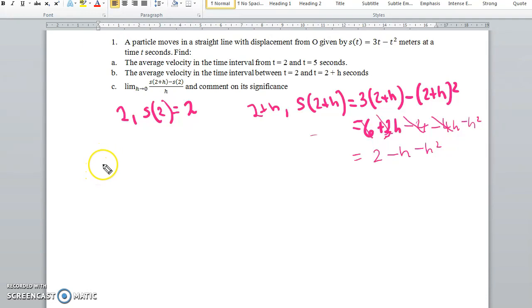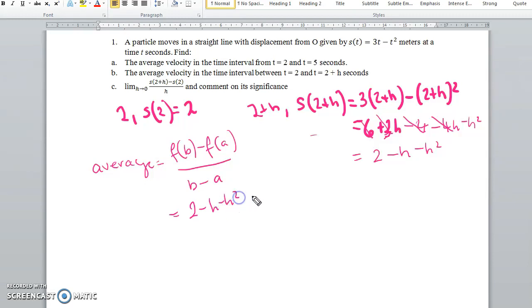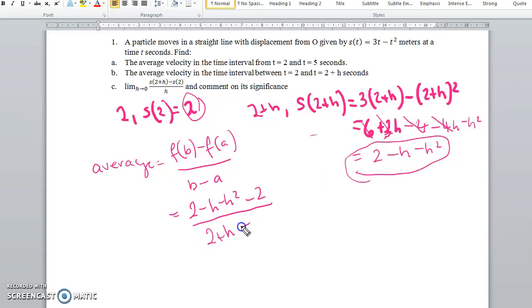Alright, so if we want to find our average velocity again, that's going to be f of b minus f of a over b minus a. Here f of b is 2 minus h minus h squared, minus 2, over 2 plus h minus 2.